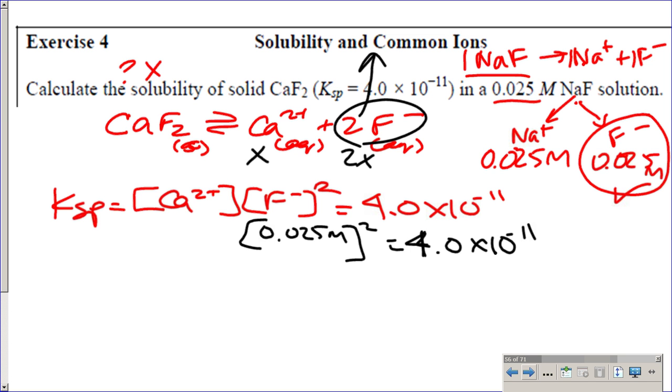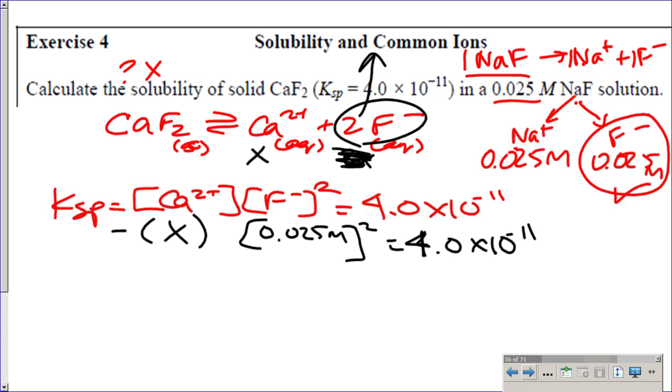Right. Due to Le Chatelier's principle, increasing products would shift left towards the solid here. And if I actually calculated the true fluoride without being in this other solution, it would be higher than what we're getting ready to calculate. Anyway, I'm ignoring this 2X because I don't want you to accidentally multiply this by 2 or something. So this is just X, and I want you to solve for X.